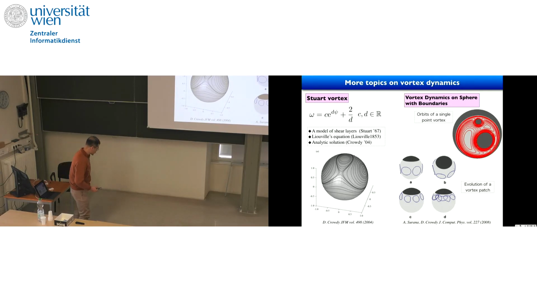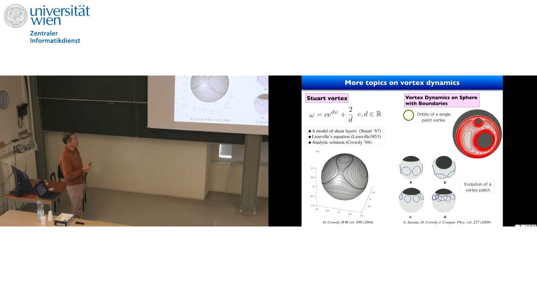So before moving to the second part, which I have 20 minutes, I'm going to give some more topics on vortex dynamics. There is a paper on the Stewart vortex whose vorticity distribution is given here. This is a model of sphere layers, and the analytic solution is obtained. But here is one example of the vortex structures satisfying this Stewart vortex type distribution.